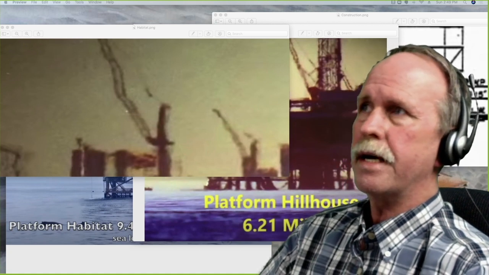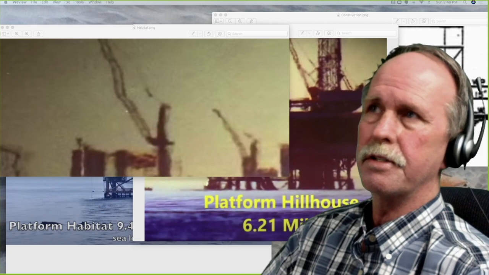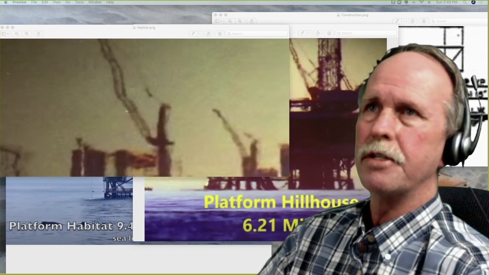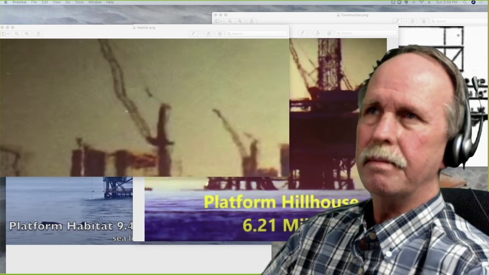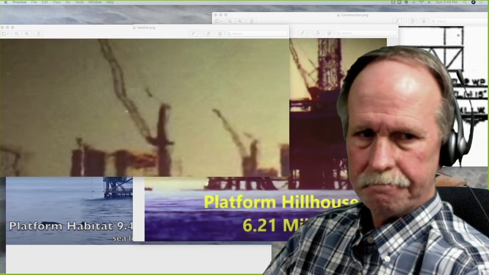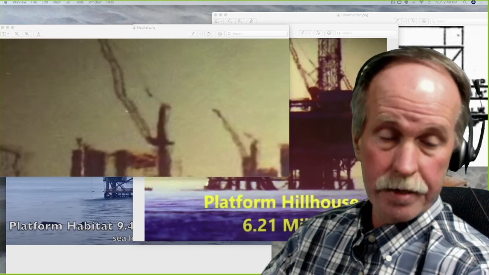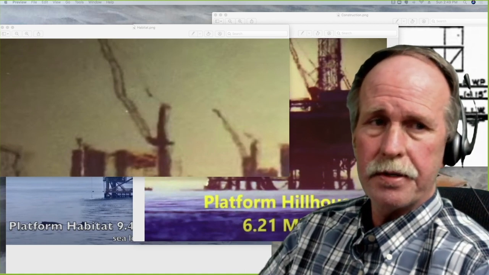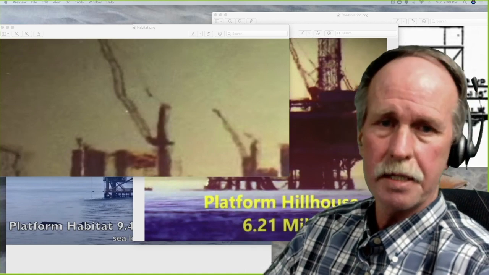Do you think the refraction value, as far as the refraction index of the atmosphere, is different between Hill House and Habitat? I don't know. Okay. Do you have any reason to believe that it would be? It's the same atmosphere and the same image at the same time under the same conditions.